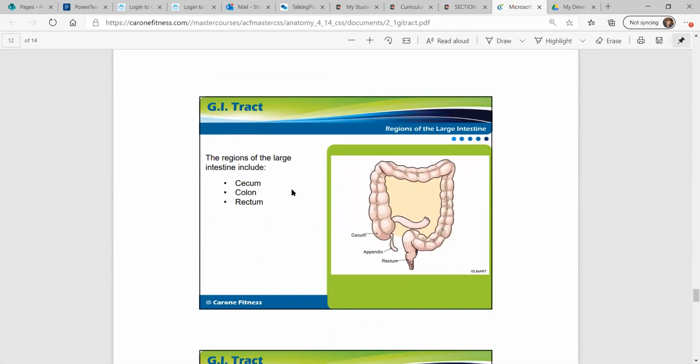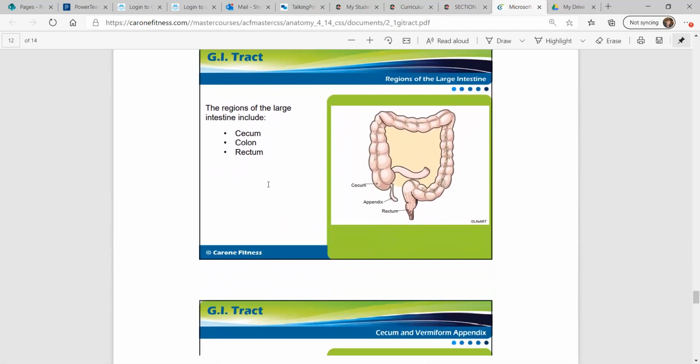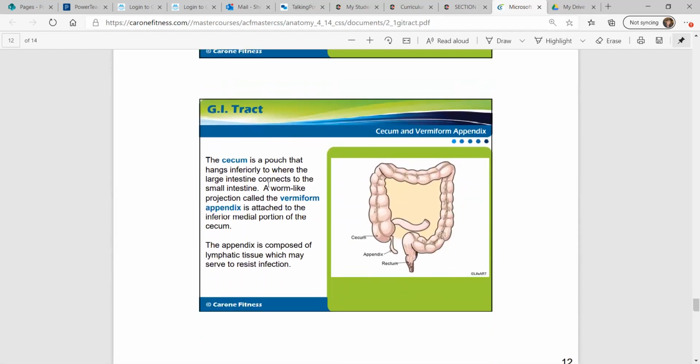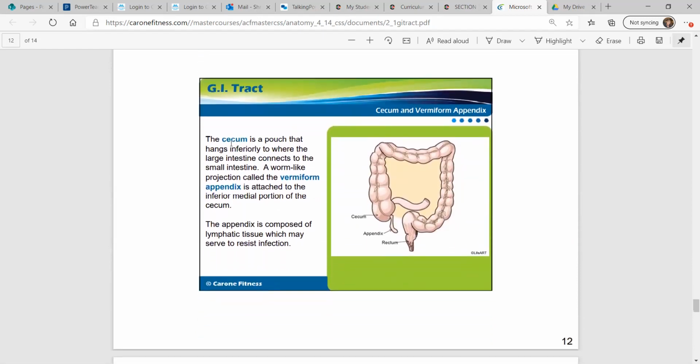Here are the regions. Colon and rectum, I'm sure you've heard of before, and the cecum. Cecum is new, I'm sure, to you. And that's a pouch that hangs inferiorly to where the large intestine connects to the small intestine.